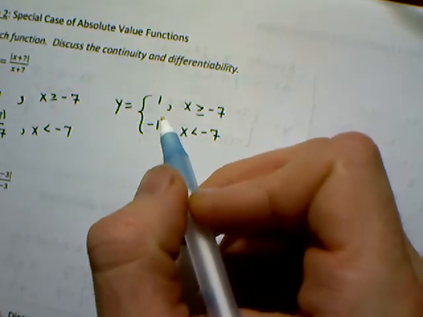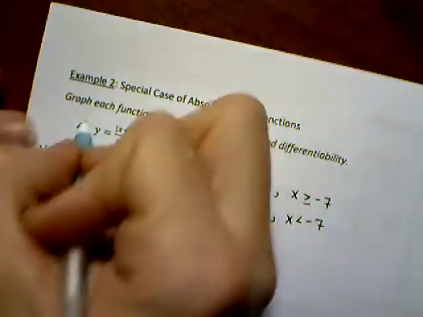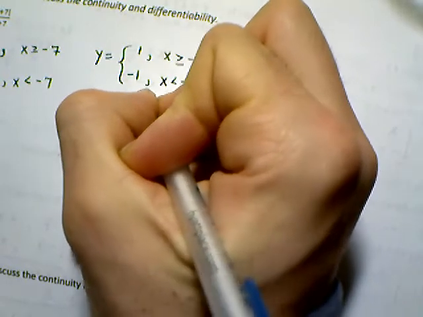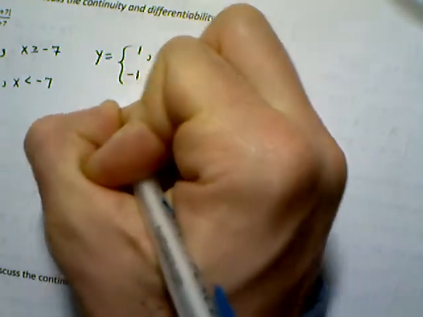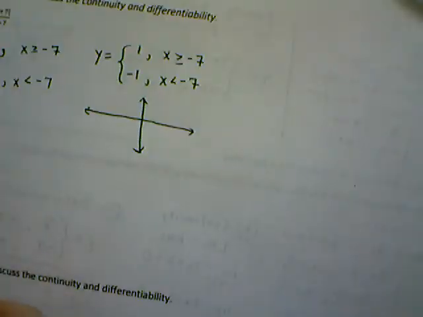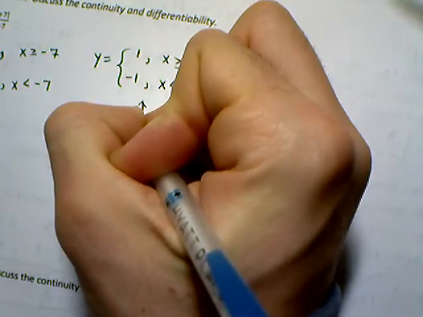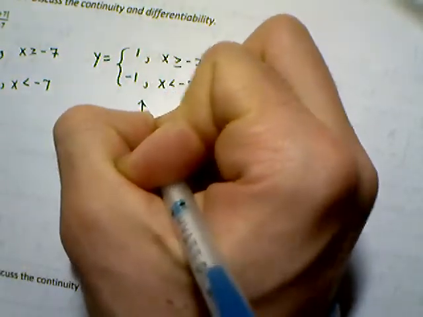All right, so now what I see is this is my function. I'm going to graph it real quick because that's part of the directions. It says graph. So to graph this, the rule changes at -7, so I'm going to go all the way back to -7: 1, 2, 3, 4, 5, 6, 7.